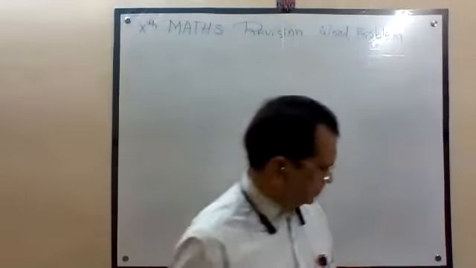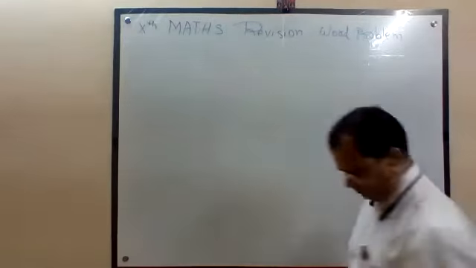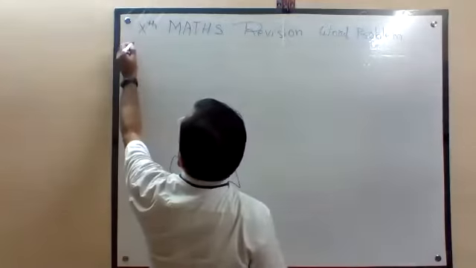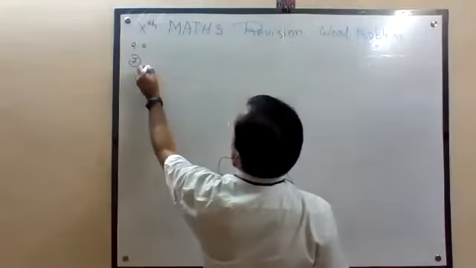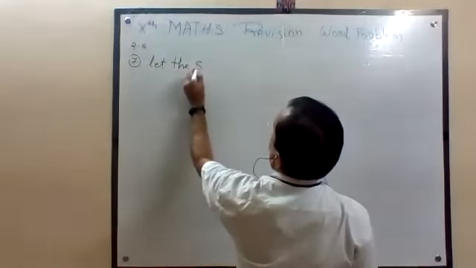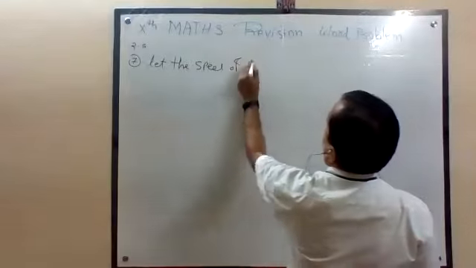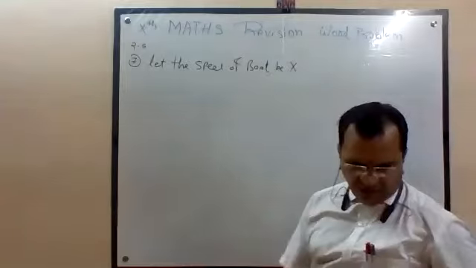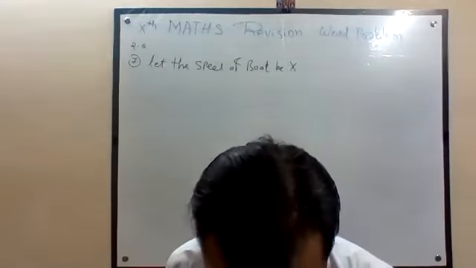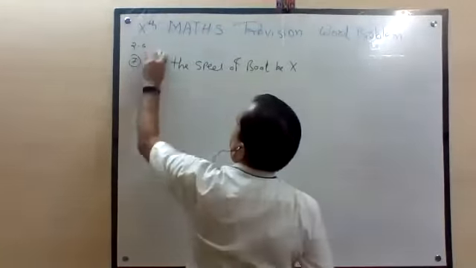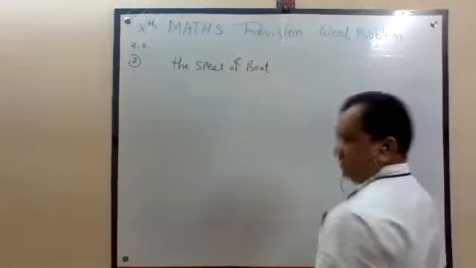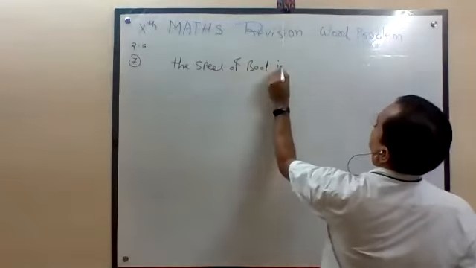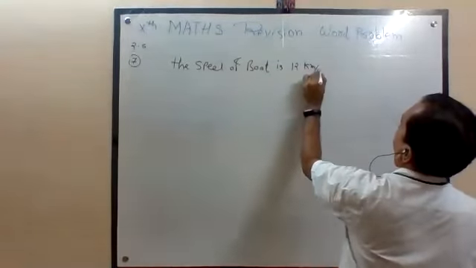Example 2.6. Let the speed of boat be, sorry, speed of boat is given as 12 kilometer per hour.